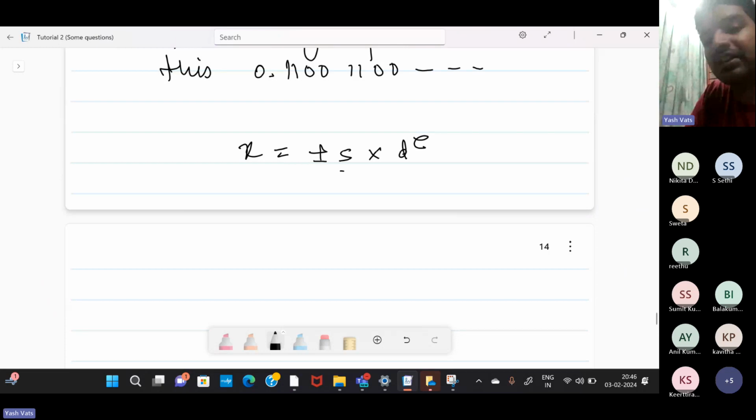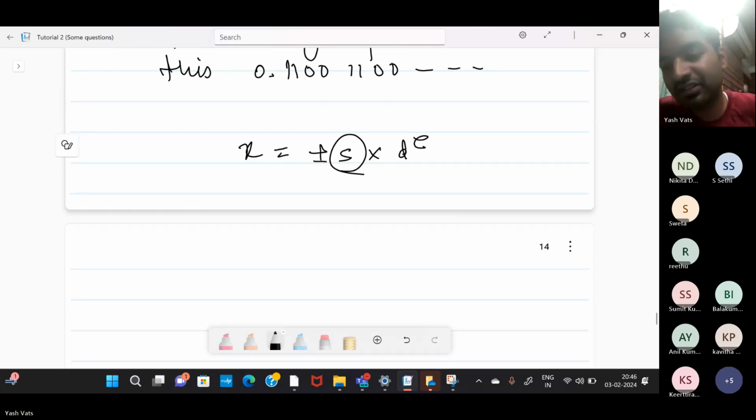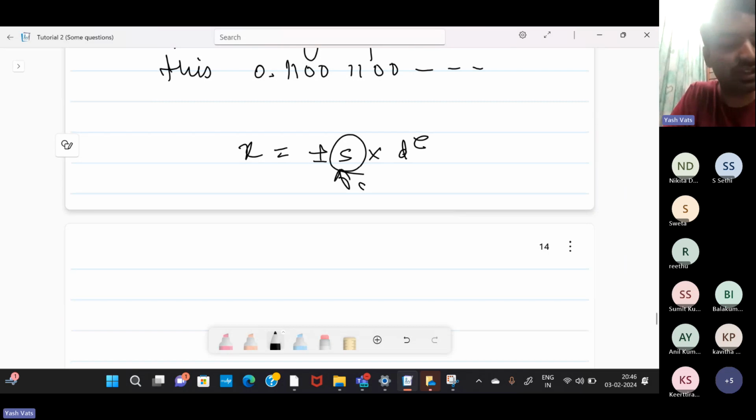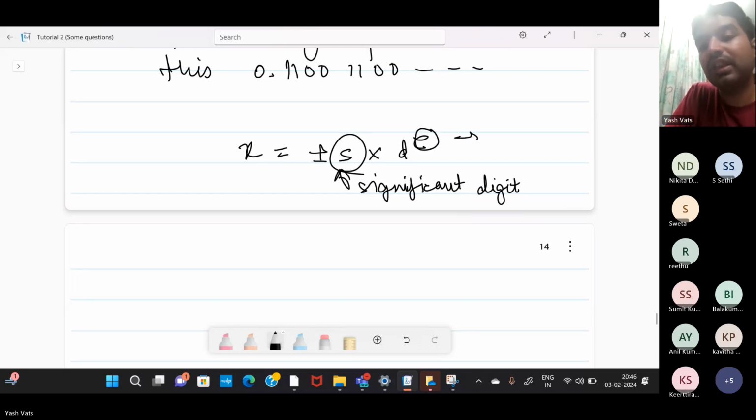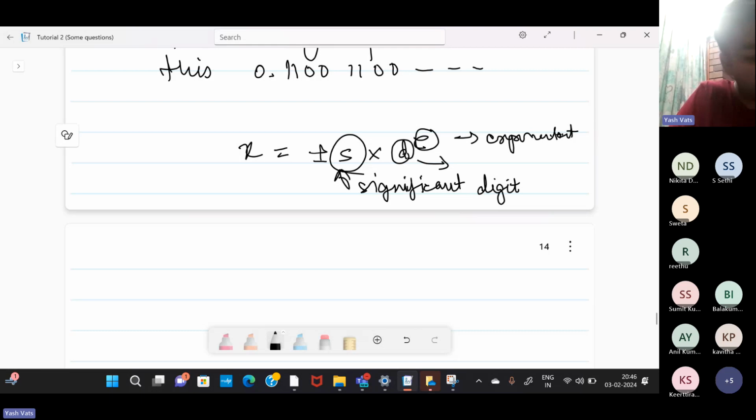So what is s here? Just significant digits, okay? And what is e? Exponent. And d is the decimal point.